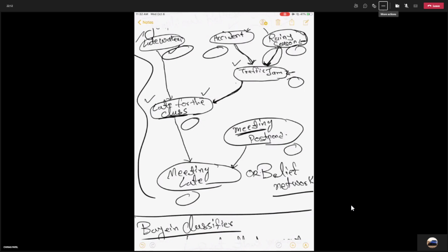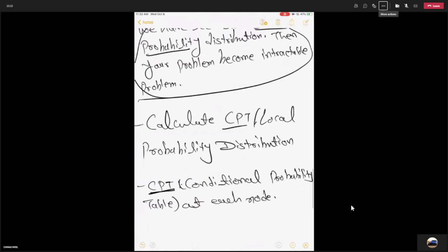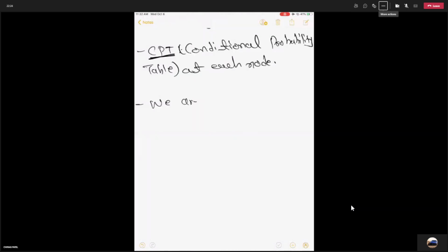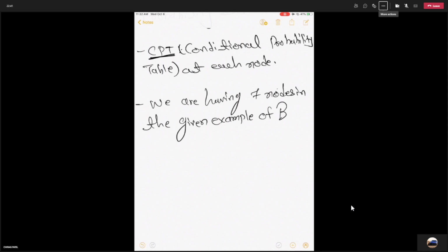So now, how many such values do we need to calculate? If ideally we are having 1, 2, 3, 4, 5, 6, 7 nodes in the given example of the Bayes network, right?